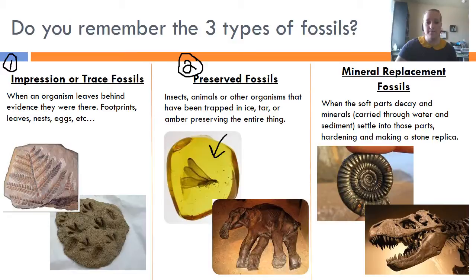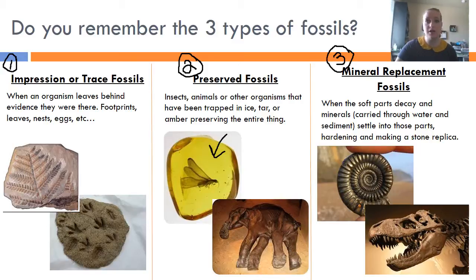Like you can see on this baby woolly mammoth, even the skin was preserved because it was trapped in the ice. With our insect here, the wings and the body of the insect are preserved in the amber.